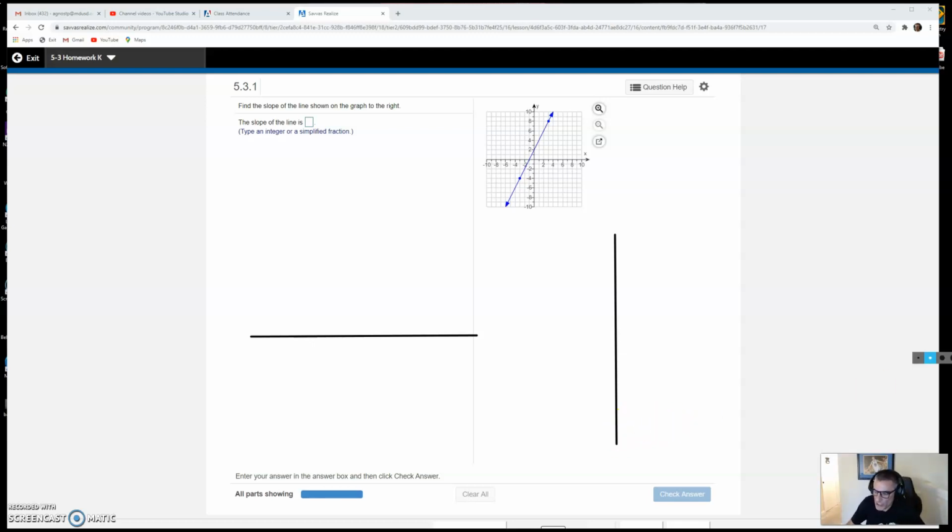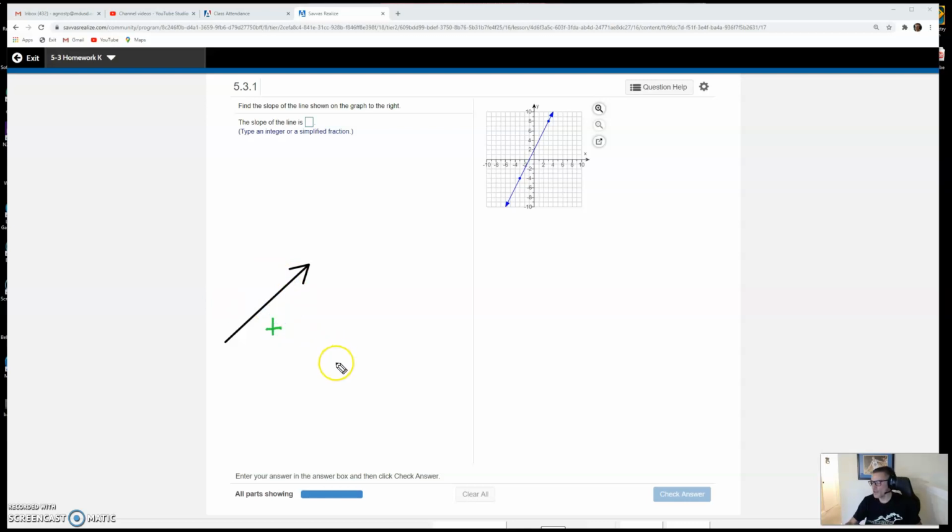Because we read graphs left to right, the first thing we need to know is that if we have a line that goes up from left to right, it is going to have a positive slope. That means the measure of how steep this line is going to be positive. This will make a little more sense when we actually start calculating some slopes for lines.